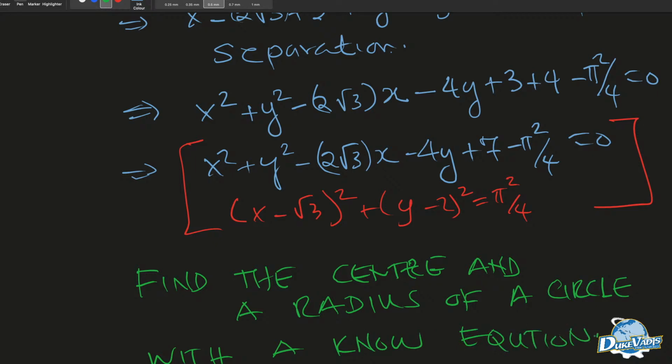So the next time we meet, we are going to look at how to find the center and the radius of a circle with a known equation.